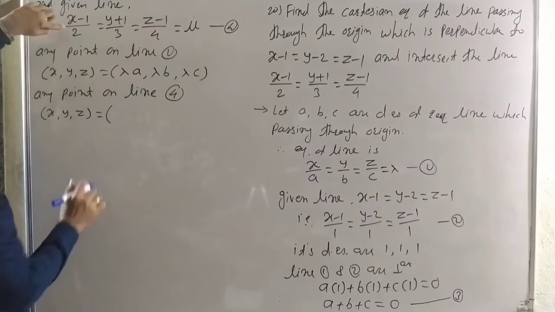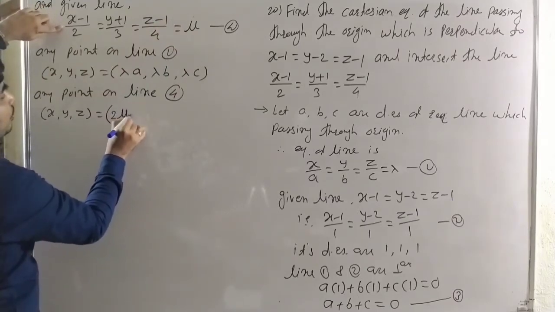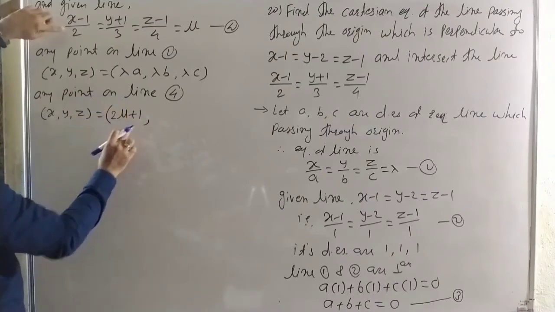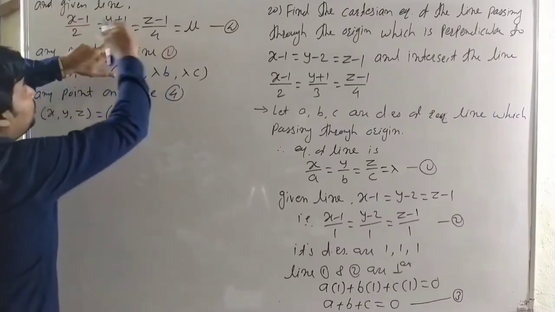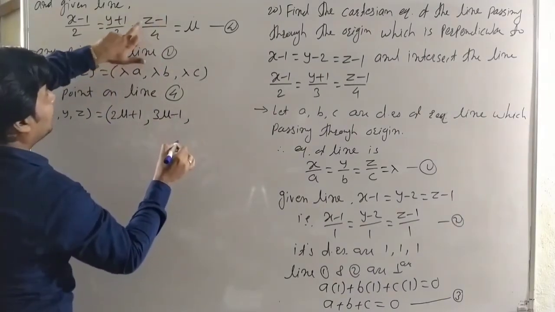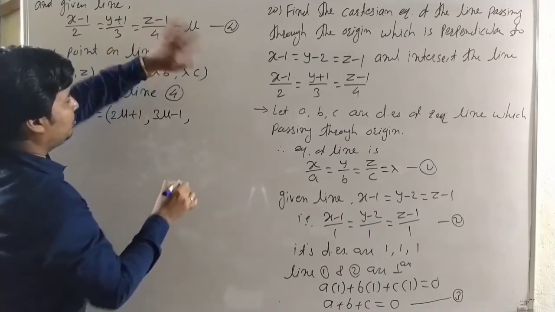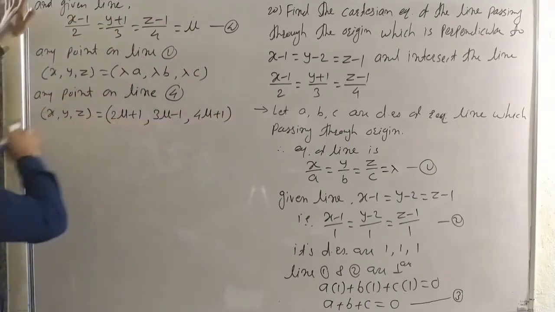Therefore x is equal to 2 mu plus 1, y plus 1 upon 3 gives y is equal to 3 mu minus 1, and z minus 1 upon 4 gives z is equal to 4 mu plus 1. It is any point on the line.